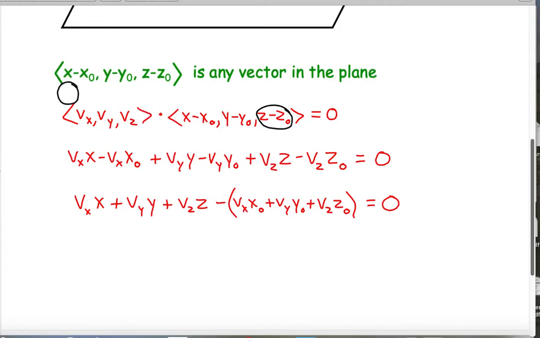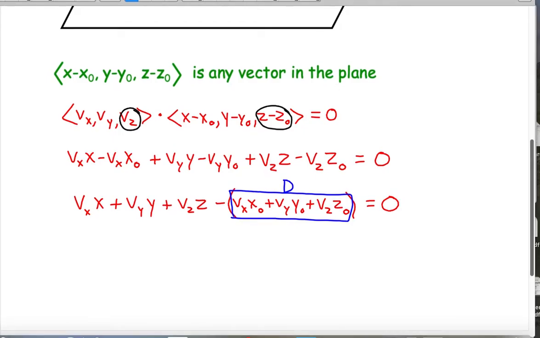So what I'd like to do, move that back over there, is I want you to think of all of this stuff as just a constant, and we'll call that d. And if you like, depending on which form you're using, you can move that to the other side, or you can leave it as is. So for IB, the Cartesian coordinate of that, the v sub x I'm just going to refer to as a, and the v sub y is b, and the v sub z is c.